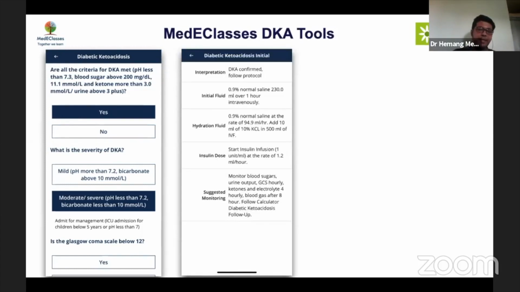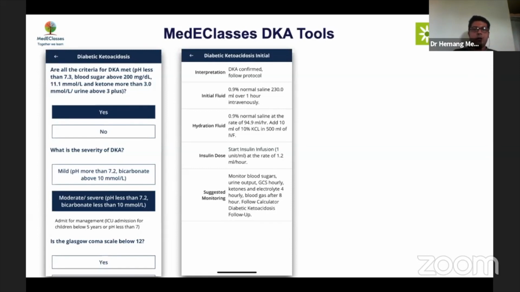This is the diabetic ketoacidosis initial management pathway in which we enter the weight, blood gas, potassium, and ECG, and then with a simple calculate button, it provides an easily understandable algorithmic prescription format. First, it will interpret that DKA is confirmed.